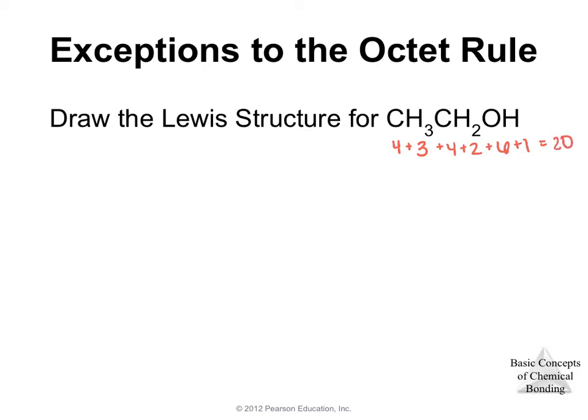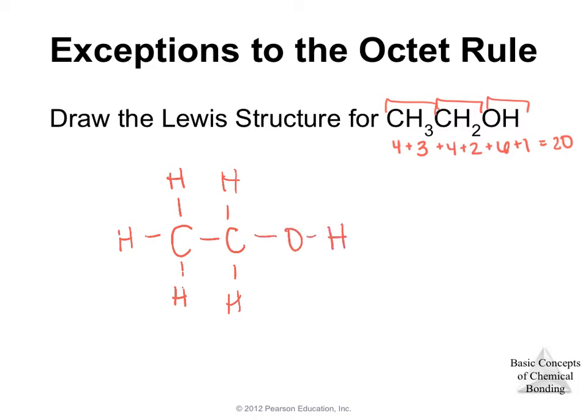Again, when it's broken up into chunks like this, it gives us a really good idea of what we should do. So we'll start with the carbon, give it its 3 hydrogens, put in the next carbon with its 2 hydrogens, and then we'll put the OH last. So we've used 2, 4, 6, 8, 10, 12, 14, 16 electrons in those 8 bonds. So we've got 4 left.